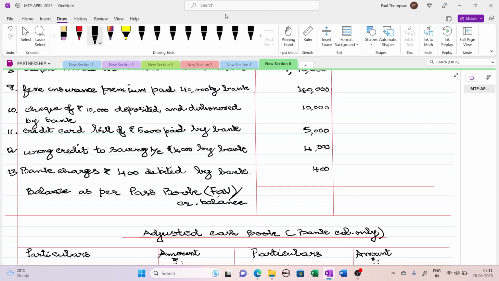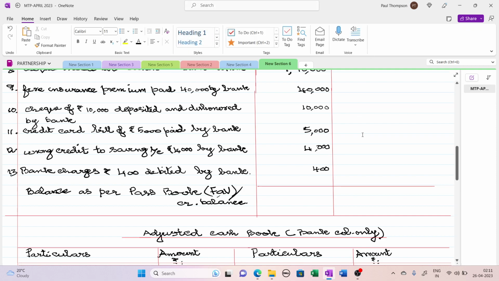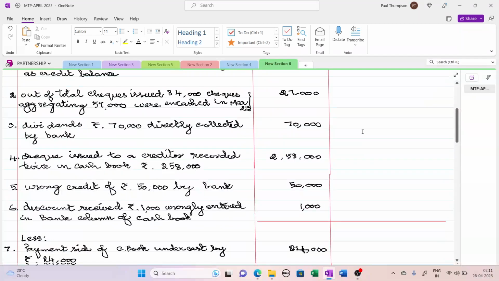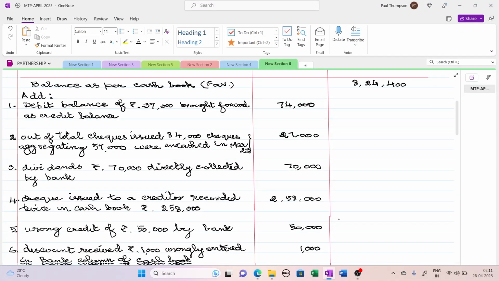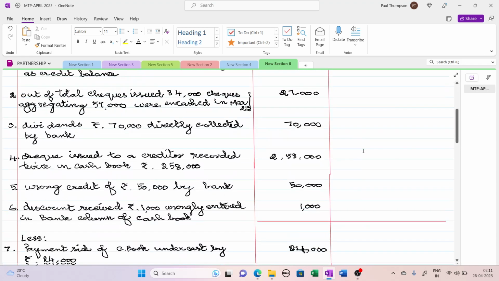If you take the total of this side, 74,000 plus 27 plus 70 plus 2,58,000 plus 50 plus 1 comes to 4,80,000. So the total comes to 4,80,000. This we are going to add. So what is the net total that comes? 13,04,400.